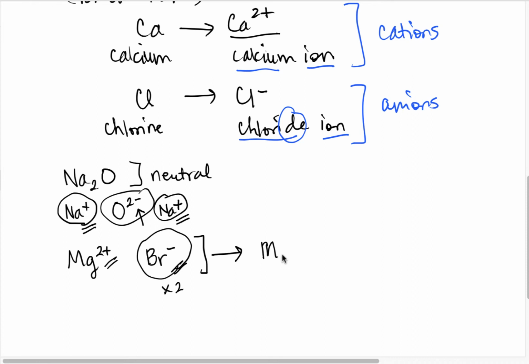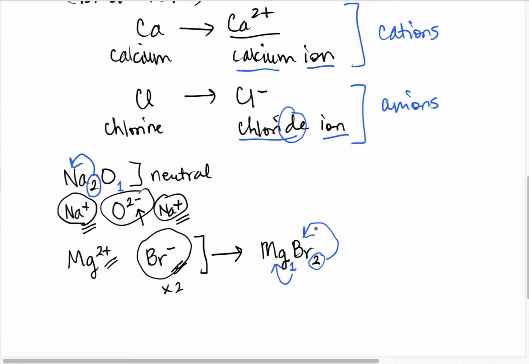So we would write this MgBr2. So just like with the molecular compounds, the number refers to the element that comes right before it. When we have a 1, we don't write the number there. Just like here, we don't write the number 1 to say 1 magnesium, but we do write the number 2 to say 2 bromides.